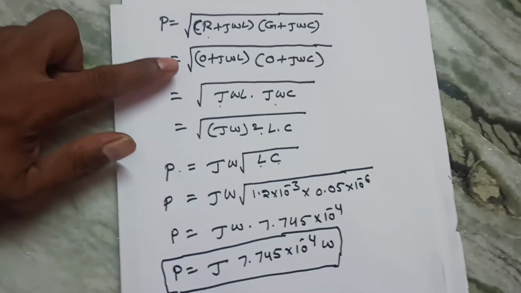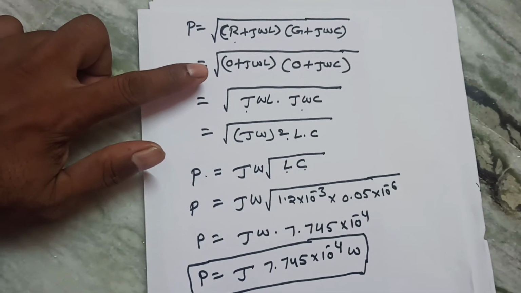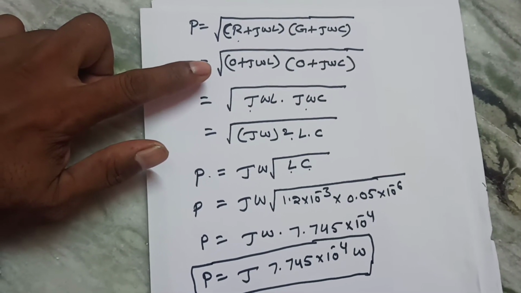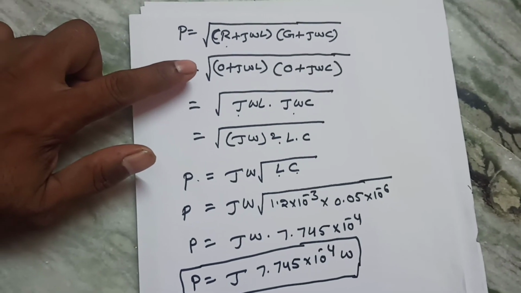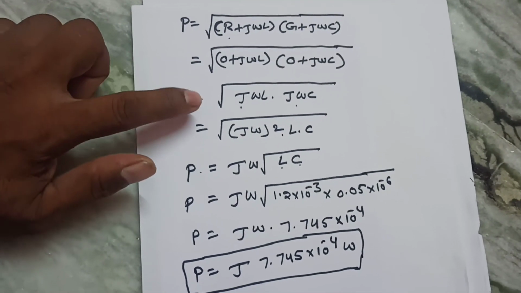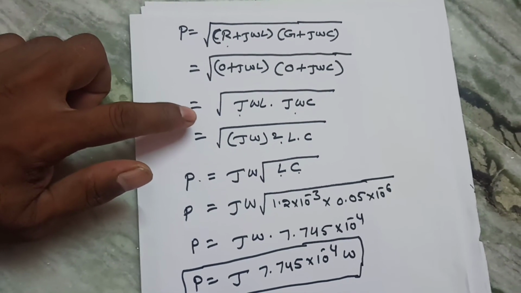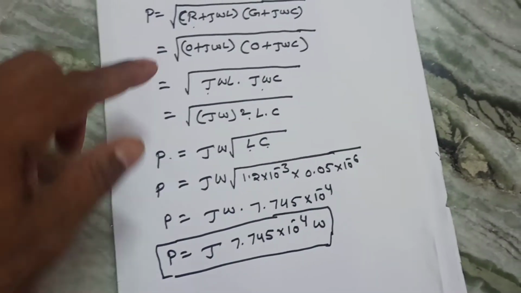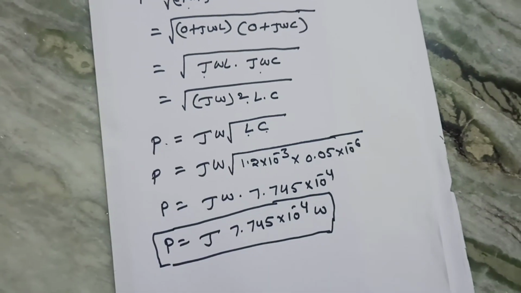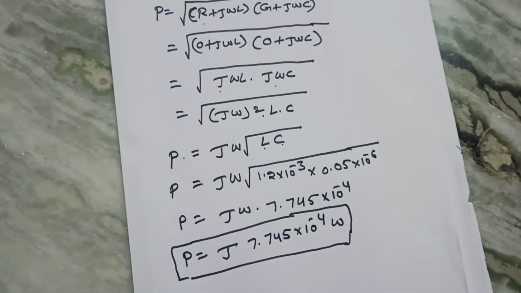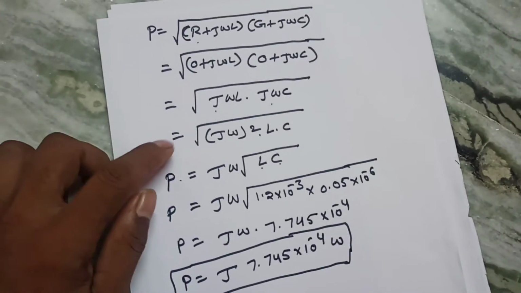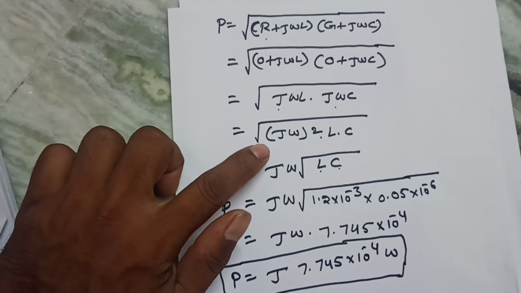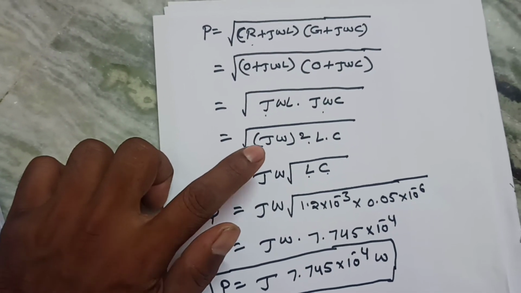Then we get square root of (0 + jωL) into (0 + jωC). So the equation becomes square root of jωL into jωC, and the jω terms give (jω) squared into LC.